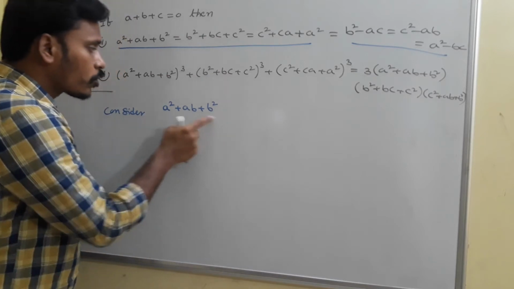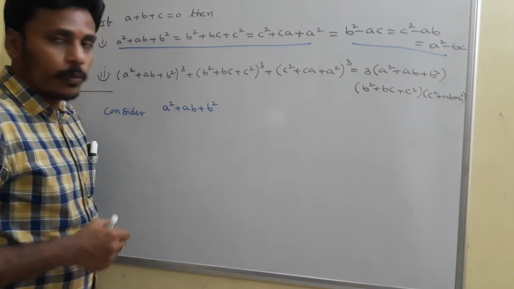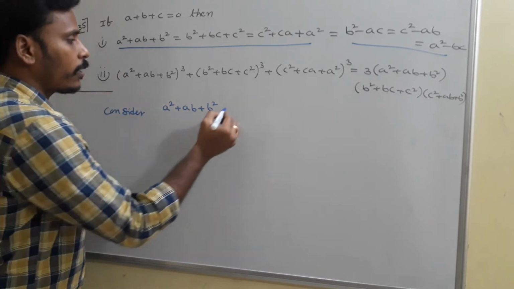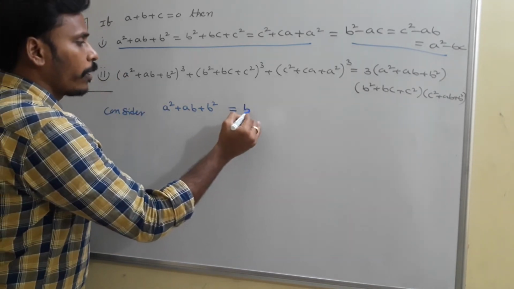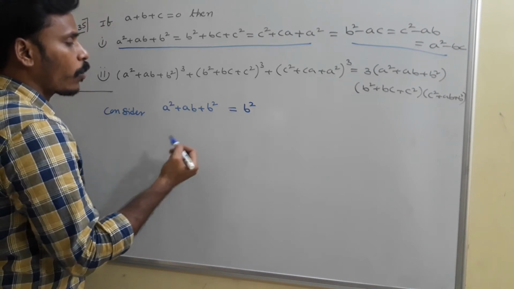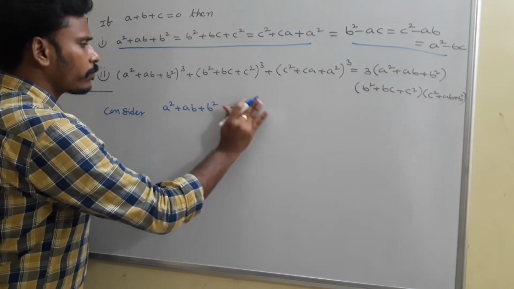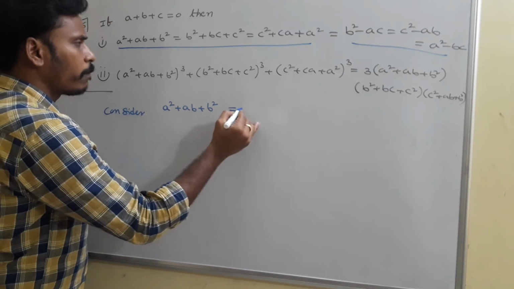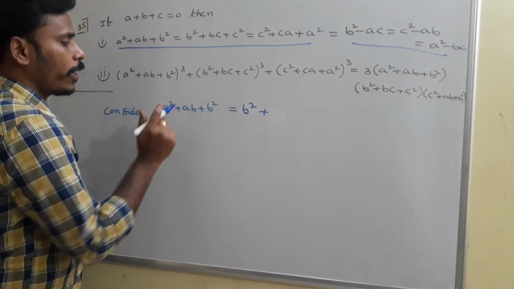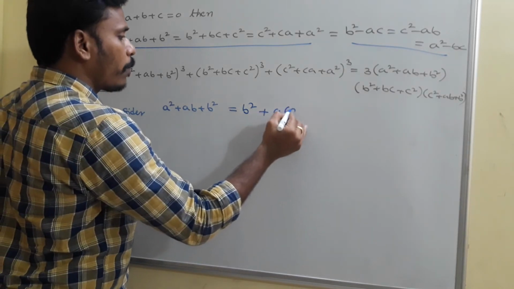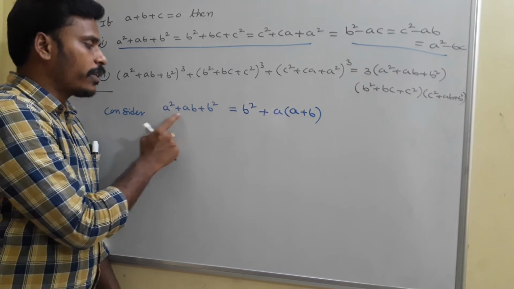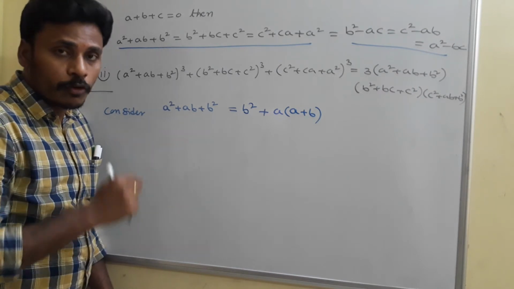So I need to eliminate a from this equation. So a square plus ab plus b square is one part. This is equal to b square plus a square plus ab. From there you just common out a, you will get a into a plus b. That is, a square plus ab is nothing but a times of a plus b.